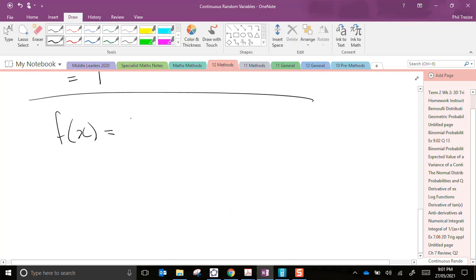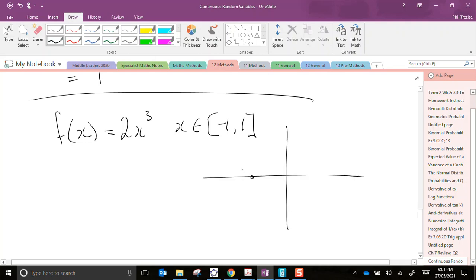F of x equals 2x cubed, and the domain x is from the interval negative 1 to 1. So we start with a sketch. X can be negative 1 to positive 1. What if we go negative 1?